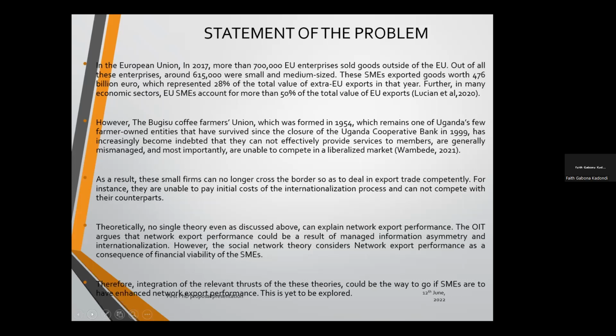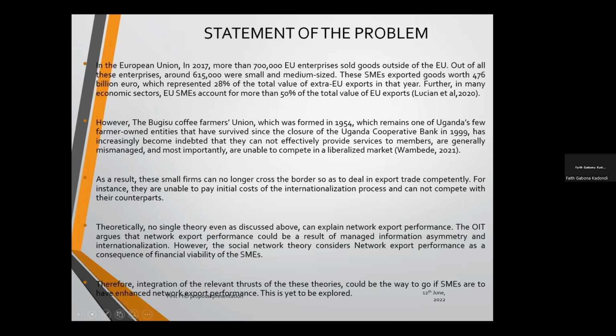The organization information theory argues that network export performance could be a result of managed information asymmetry and internationalization. However, the social network theory considers network export performance as a consequence of the financial viability of small and medium-scale enterprises.